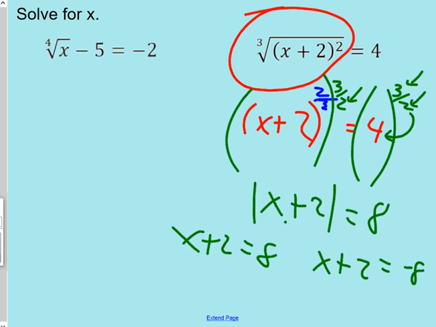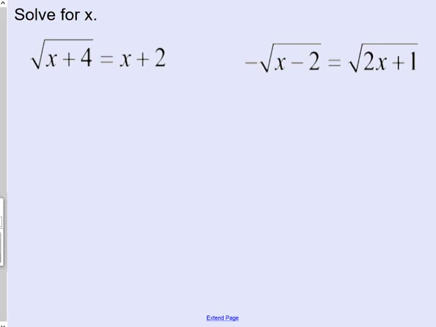If you don't know how to do absolute values, you haven't mastered the top 20 yet. Then from there, we just subtract 2. We get 2 completely different answers. All right, why did the absolute value happen? Because of that right there, the even root. If you do an even root to both sides.